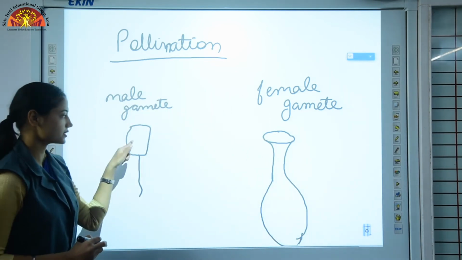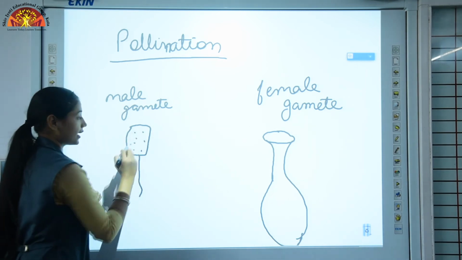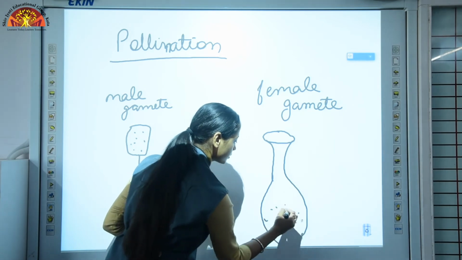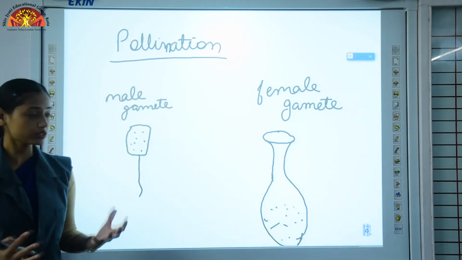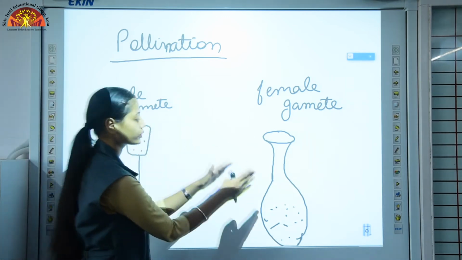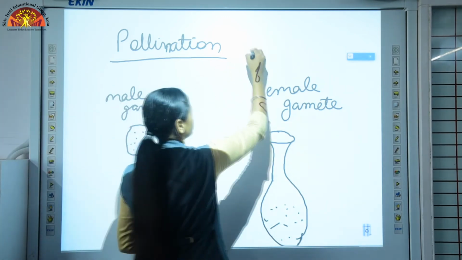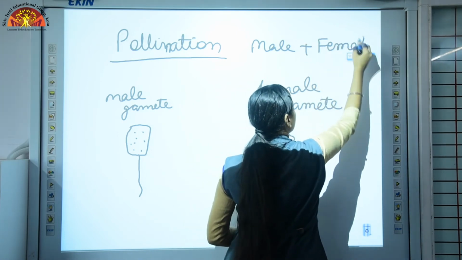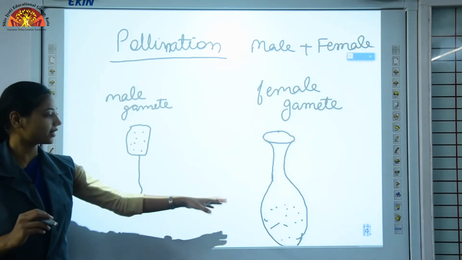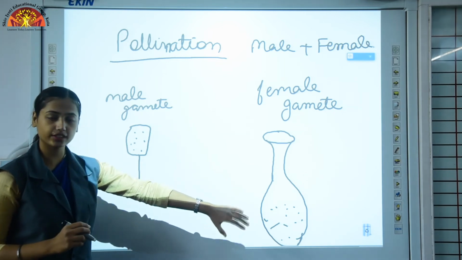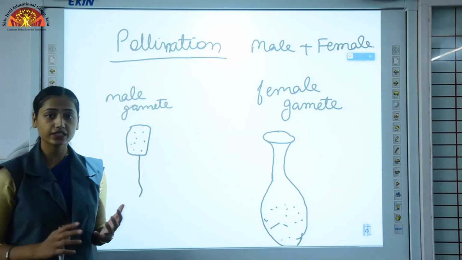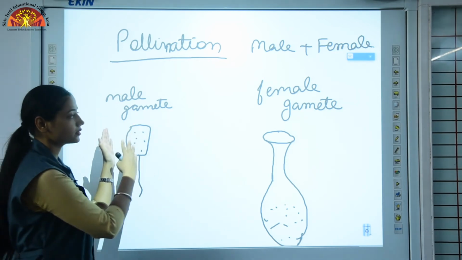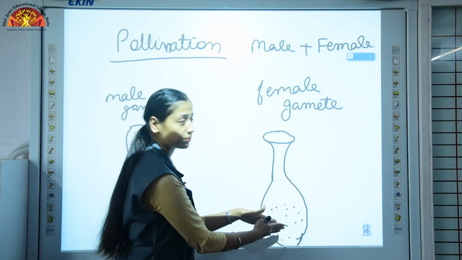Now male gametes are present inside anther and female gametes are present here inside ovary, and to reproduce, fusion of male gamete with female gamete is required. But they are not present near each other, they are far from each other. So there must be some process by which male gamete can travel to the female gamete.